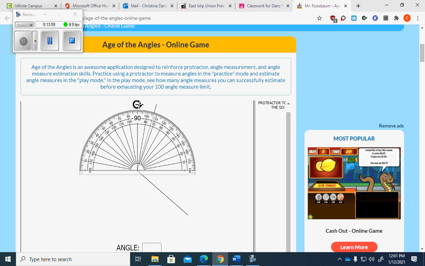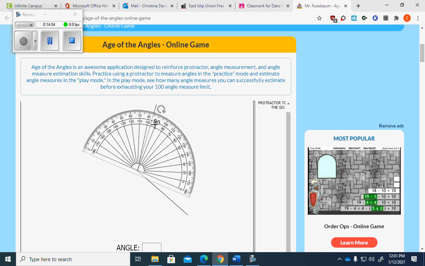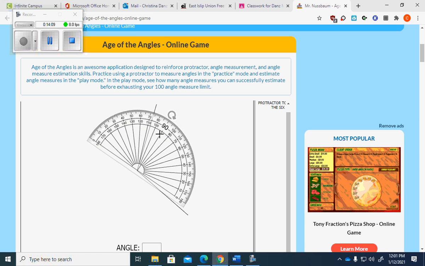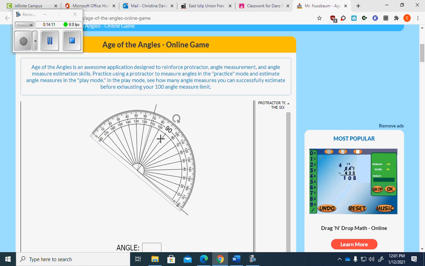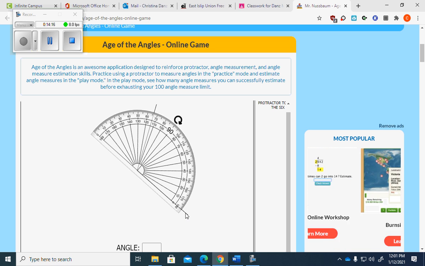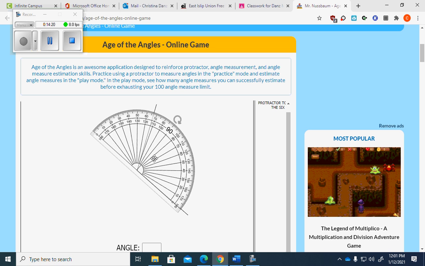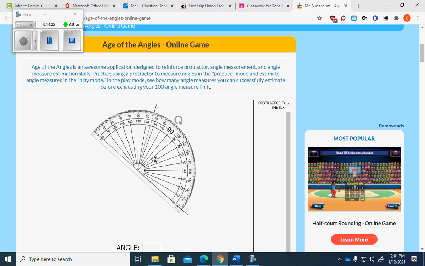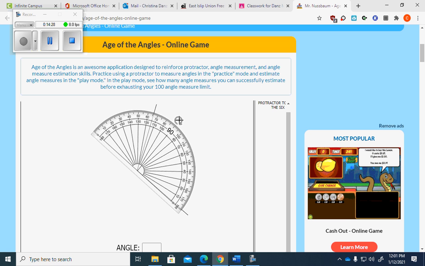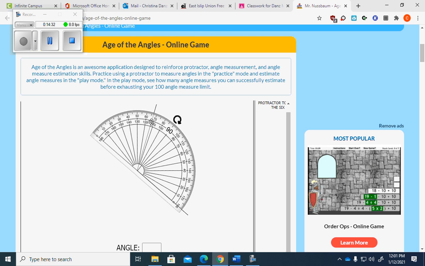And then you have to use this thing that rotates the protractor so that the line of the angle, like one of those rays, lines up with the 0 mark on the protractor. Do you see like that line is matching up perfectly with the 0 mark, right? If you have to move this so that that center mark is exactly on the vertex, please do it. If you have to adjust this angle, please do it. And then you look at this other ray and read the numbers.